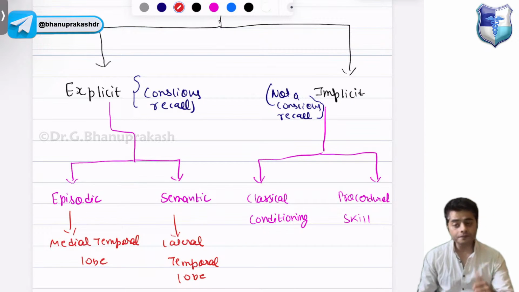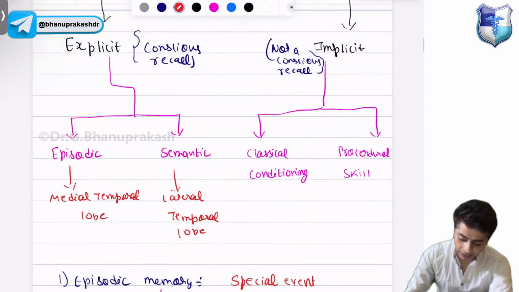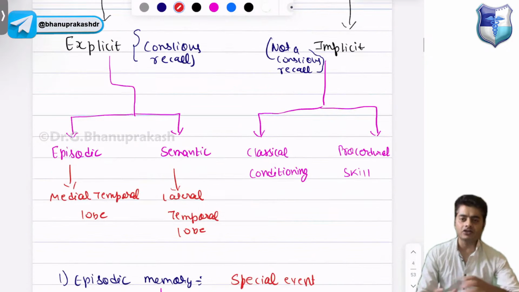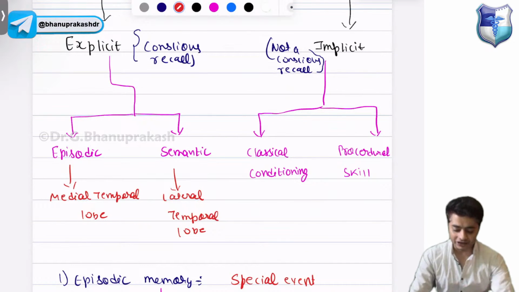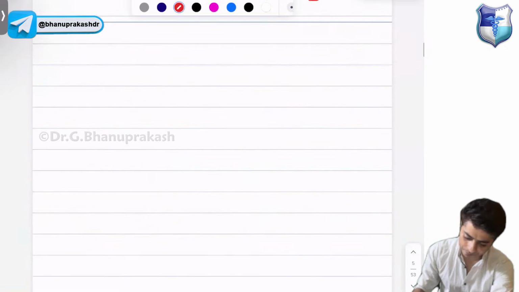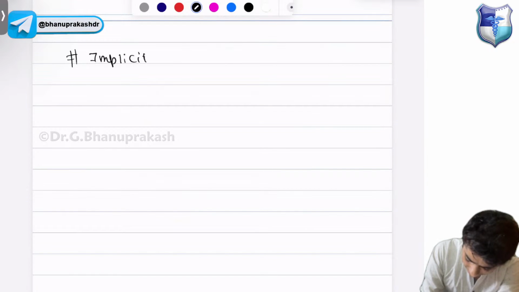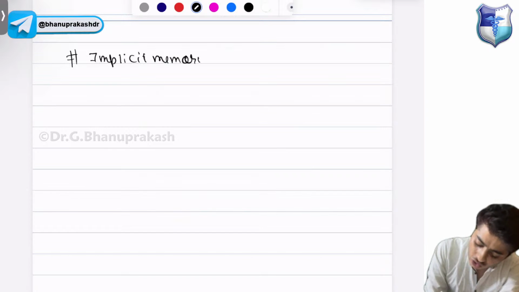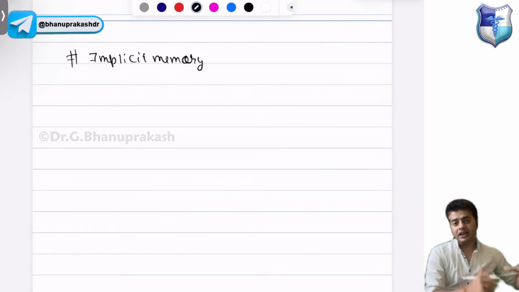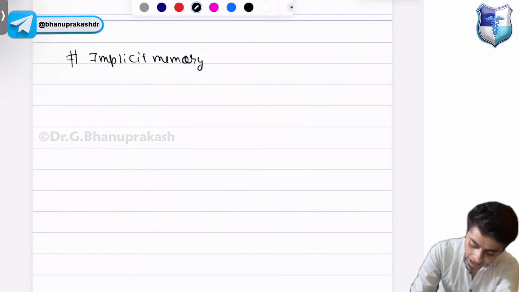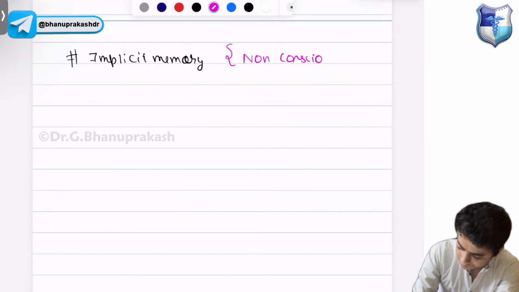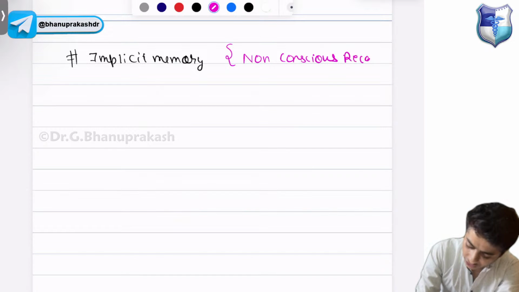Okay, everyone, got it? Now we'll come to your implicit memory. That is your procedural skill and classical conditioning. As compared to explicit memory, in which you have to think consciously, here you don't have to think consciously. That is non-conscious recall.